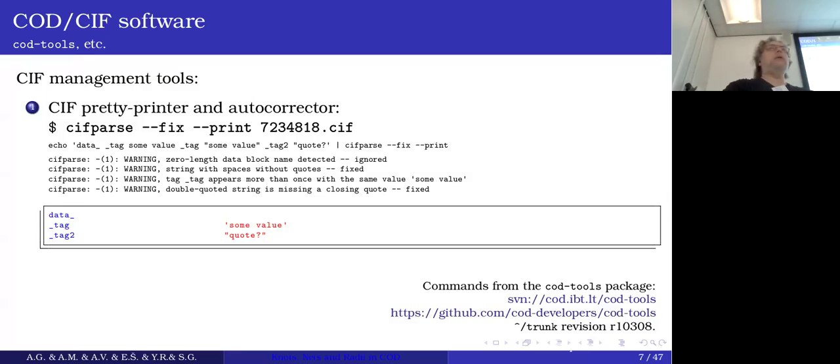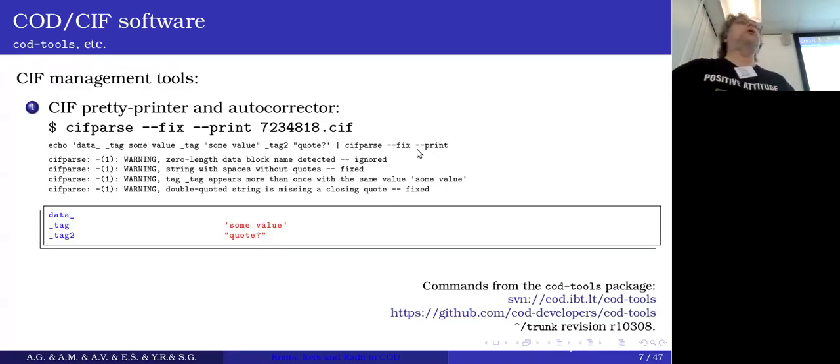Multiple parsers are implemented, and we have one which we use for our purposes, with the peculiarity that it not only recognizes correct files, but can correct some mistyped or malformed ones, which is very important when you ingest data into a database. So, for example, if quotes are missing or the data name is not provided in the input, then you get a warning, or, of course, with a special option which says that you want to fix these mistakes.